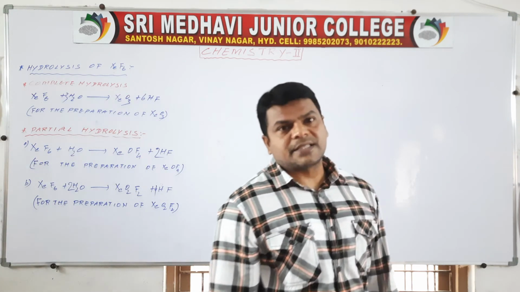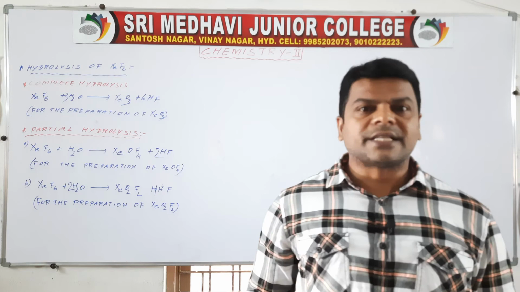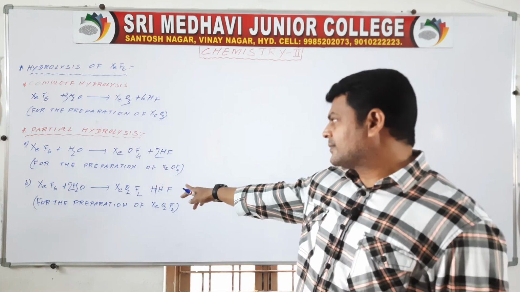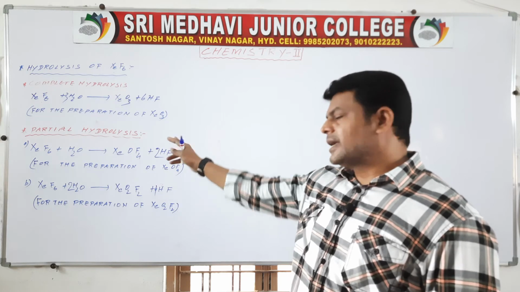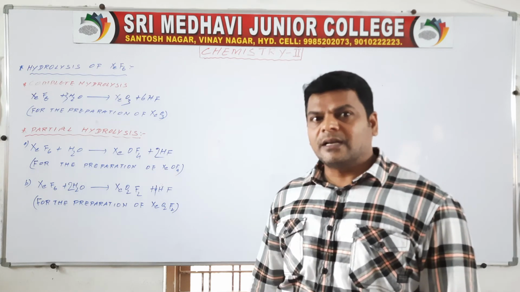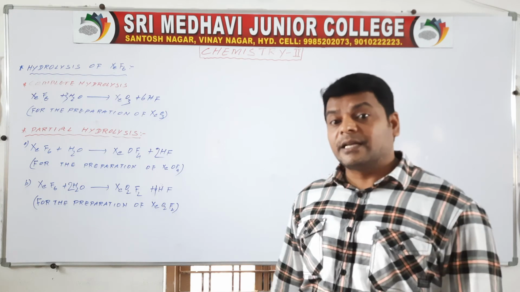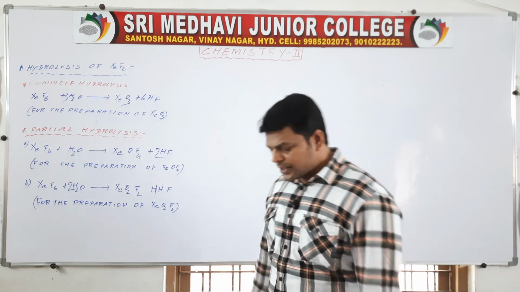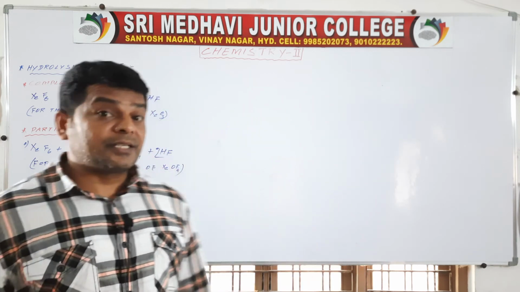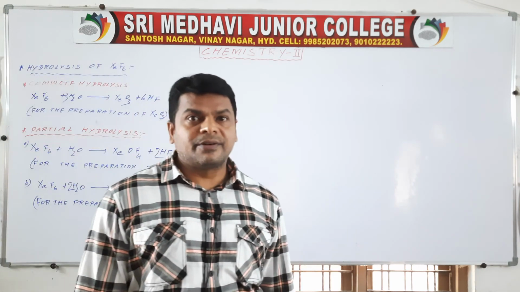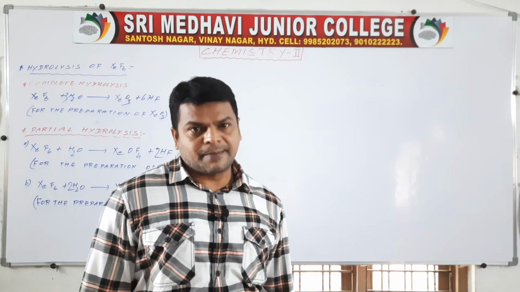So XeF6 undergoes complete hydrolysis, which gives XeO3, and XeF6 partial hydrolysis forms XeOF4, xenon oxytetrafluoride, or XeO2F2, xenon dioxydifluoride. Okay. So these are the chemical reactions of XeF2, XeF4 and XeF6.